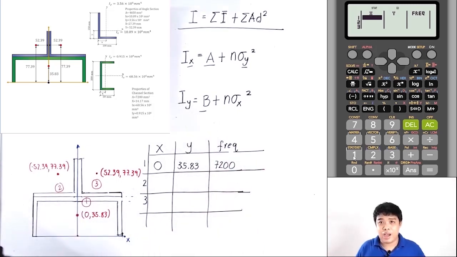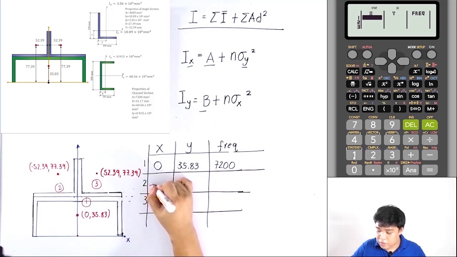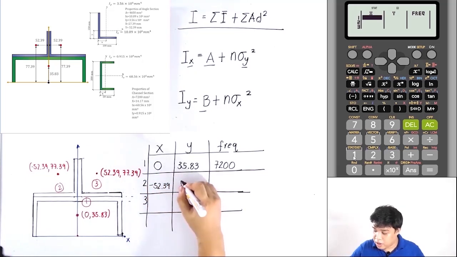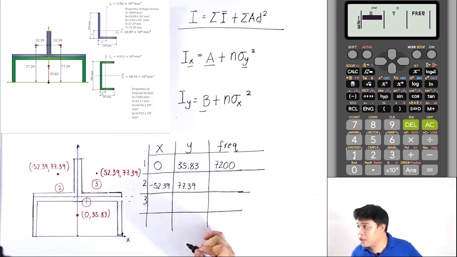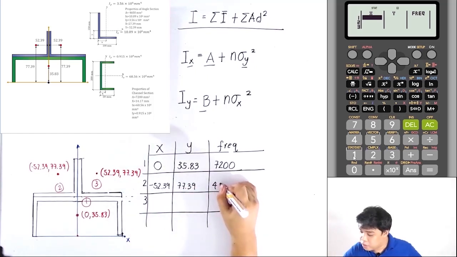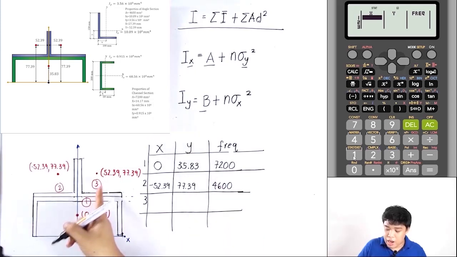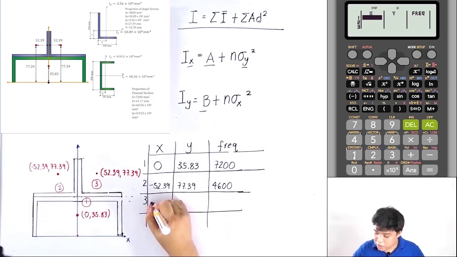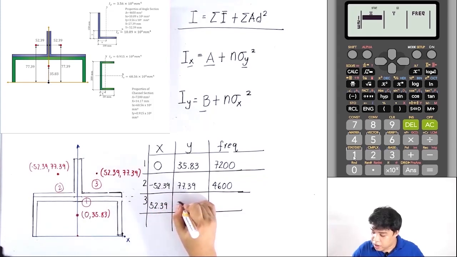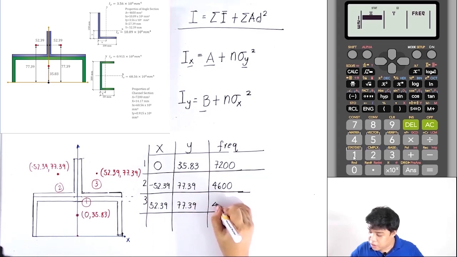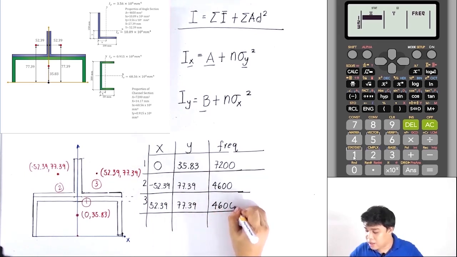For angle 2, the coordinate for x is negative 52.39, and for y is 77.39, and the area of that angle is 4,600. For angle 3, that is 52.39, and this is 77.39, and this is equal to 4,600.